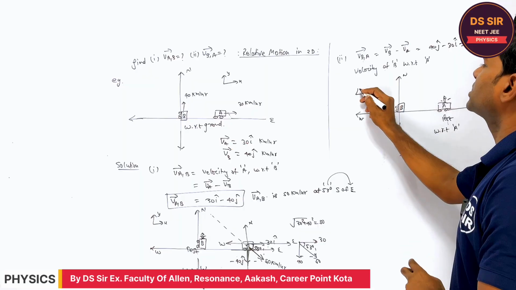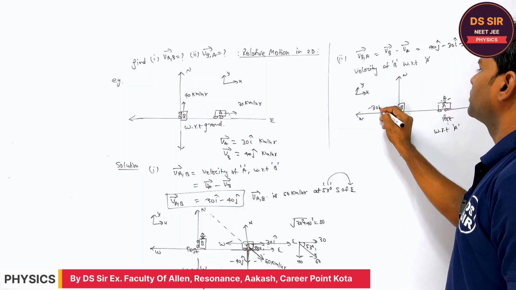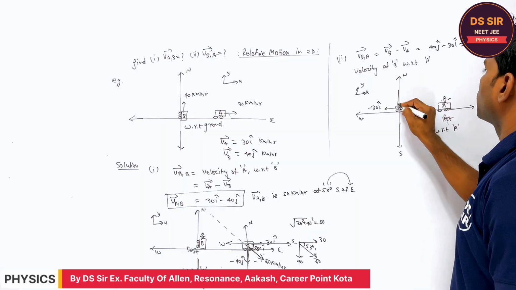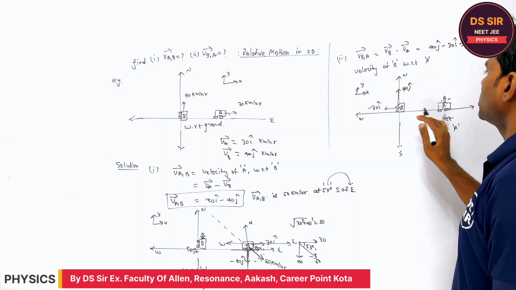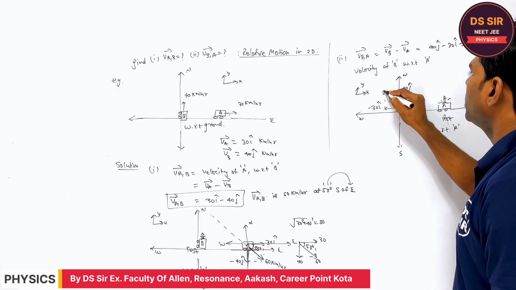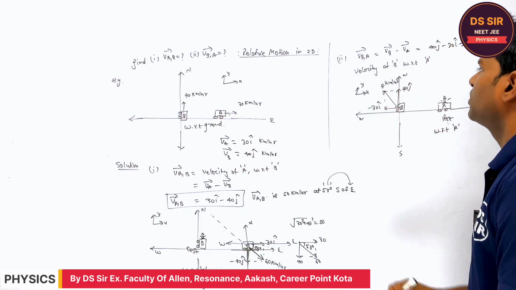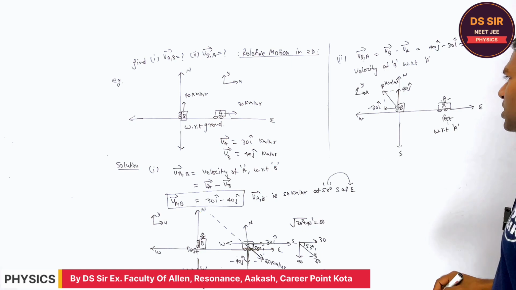If this is the x-axis and this is the y-axis, this is the minus 30 i, and plus 40 j. So with respect to A, the car B is moving in this direction with resultant velocity 50 kilometer per hour. Is it fine or not?